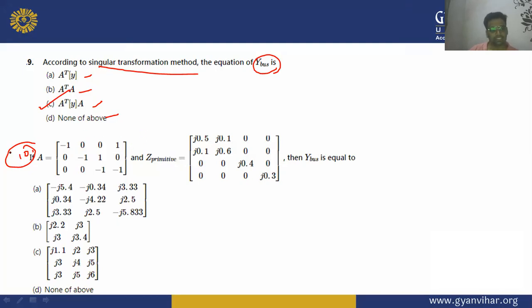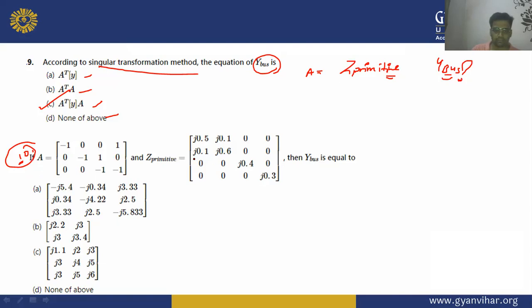Now, the last question, question number 10, is a numerical question. It has been said that the A matrix has been given and the Z primitive has been given. Okay, then we have to find out the Y bus. Now how to do this?